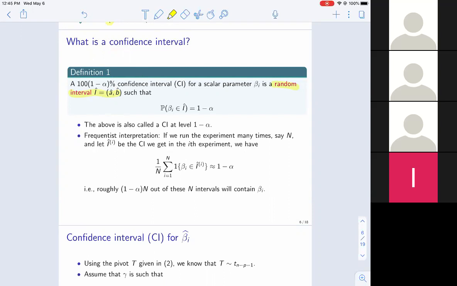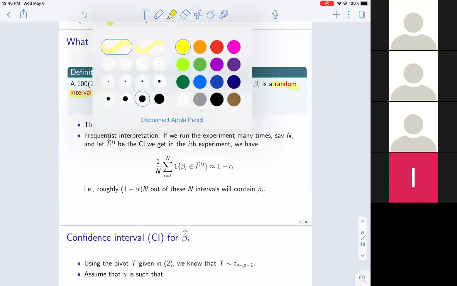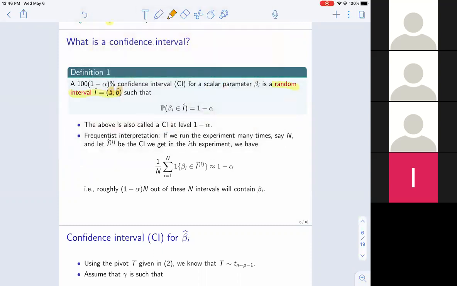The key is that the confidence interval is a random interval. Just like beta hat i is an estimate and a random variable, the confidence interval is a random interval, which means that there are two endpoints that are random variables. Beta i is not random, but you can compute the probability under your model that beta i lies in this random interval.